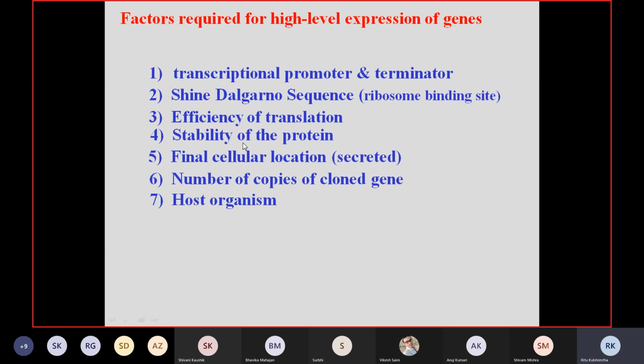I think I will revisit these points when I tell you about mammalian expression vectors, and how the presence of certain sequences at the start of a transcript affects the translation efficiency, and how by adding certain bacterial sequences as fusion tags at the start of the transcript, you ensure that the translation is comparatively more efficient, as opposed to when those fusion tags of bacterial origin were not put.